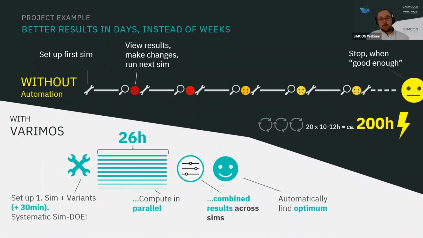And if you're doing so, you can always use Varimos, because as soon as you start looking at different results and want to improve something, you can define this as a quality feature and think of certain variables you want to change, and then use the variant analysis basically. So it's not only meant for very complex projects or very big projects. It can be used basically at any time.